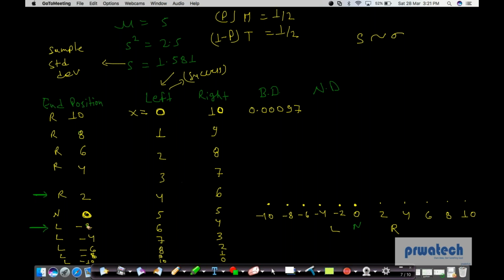For this event and this event, when you are 4 steps towards right and 4 steps towards left, this is exactly similar. Even your decimal points are very similar. There is no 0.0001% chance of difference. If you take a value of 10 towards the right side and a value of 10 towards the left side, this is again exactly the same.